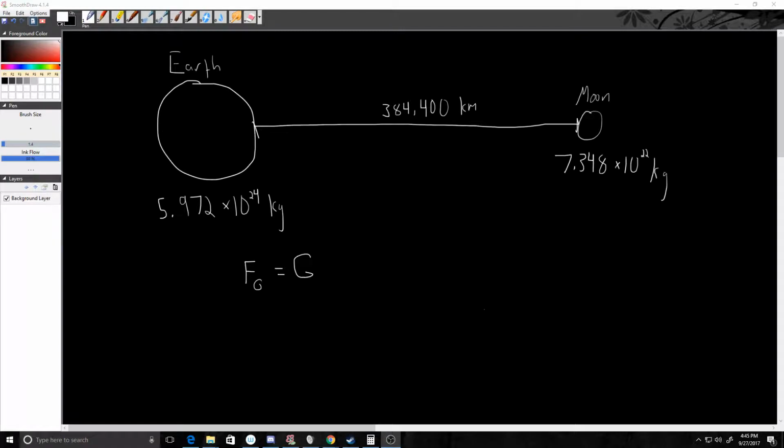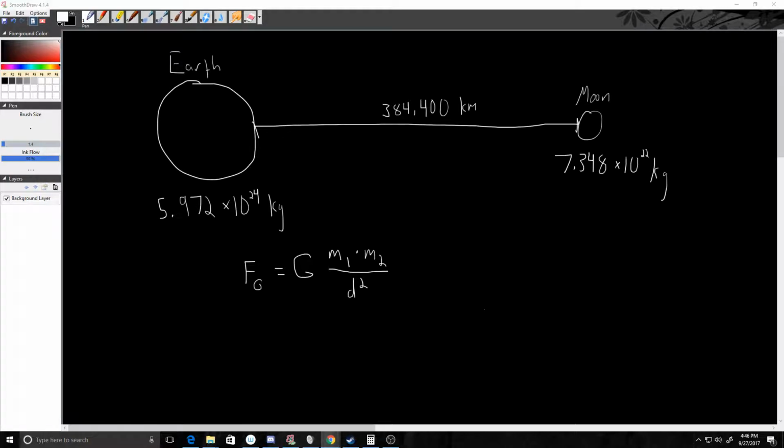It has a value that we're going to go to here in a little bit, but it's that times the mass of the first object times the mass of the second object divided by the distance between them squared. That means the farther apart they are, it doesn't just decrease according to the distance between them.